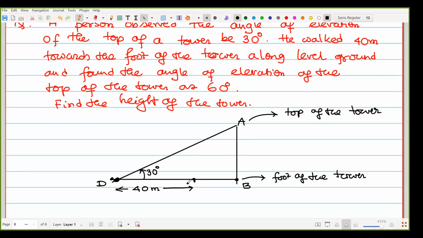He has reached C. Now from that C to A, the angle of elevation is 60 degree. Find the height of the tower. That means we have to find out the value of AB.